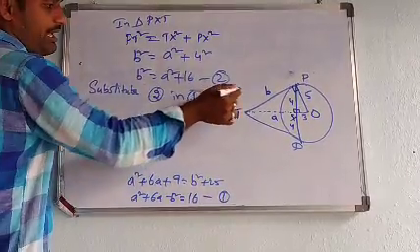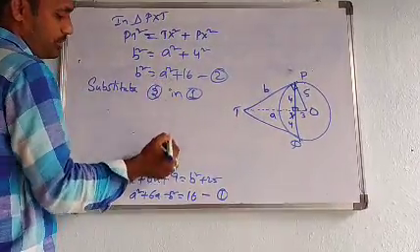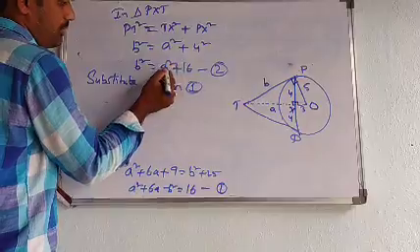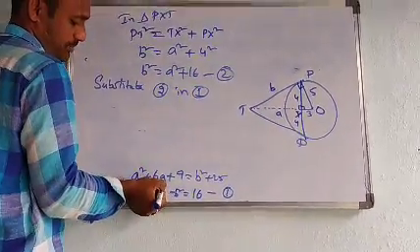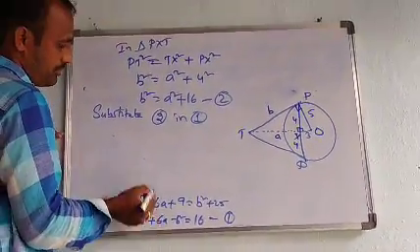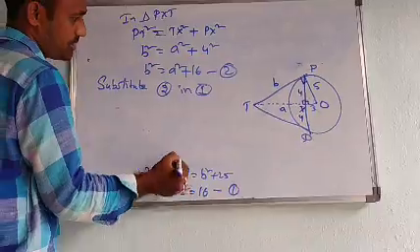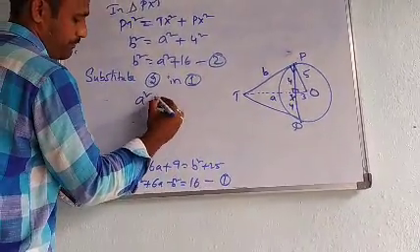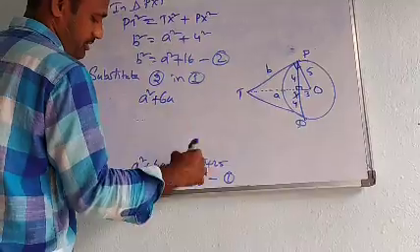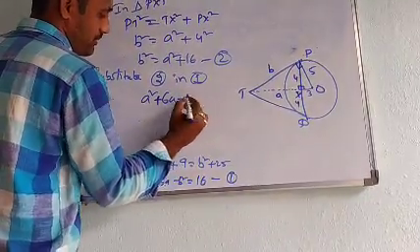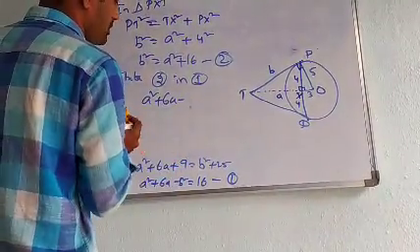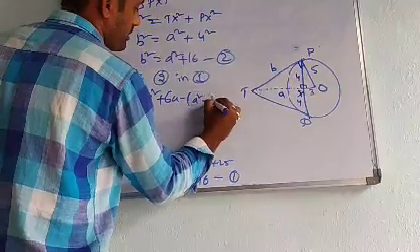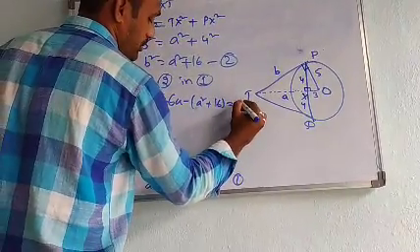So we need the B value. Putting B square equal to A square plus 16, we get A square plus 6A minus, in place of B square, A square plus 16, is equal to 16.